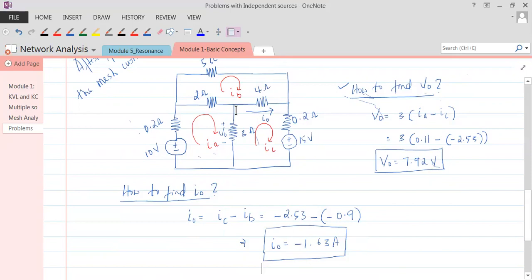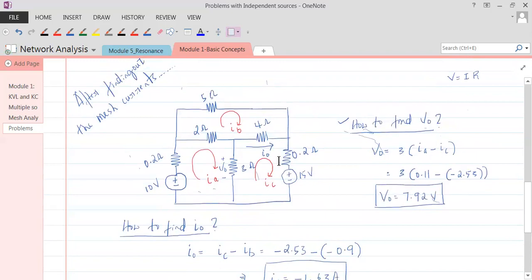That is how you need to look at it. The sign of the current tells the direction, whereas the sign of the voltage tells you the polarity. Everybody understand that? So this is how we can find out the branch currents and the branch voltages in terms of the mesh currents. Everybody get that point?